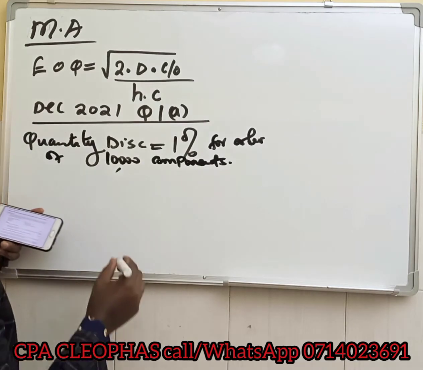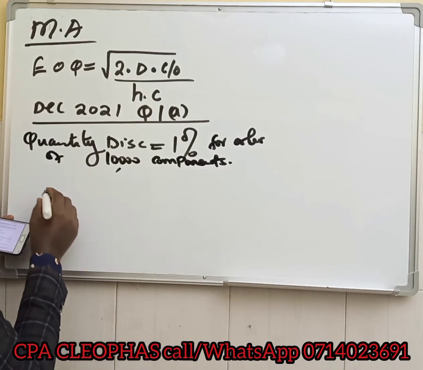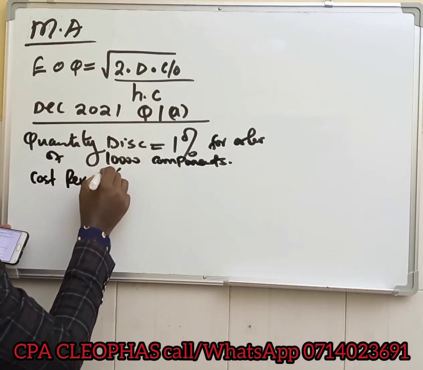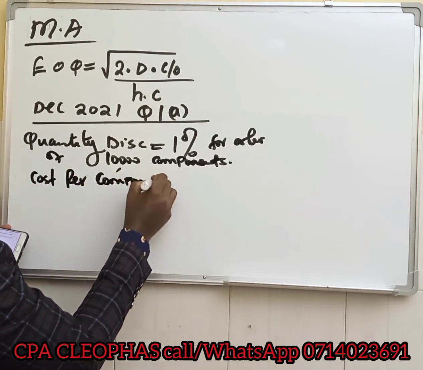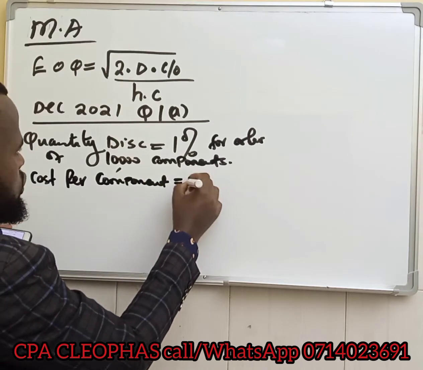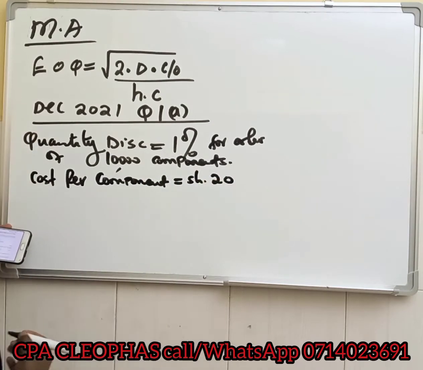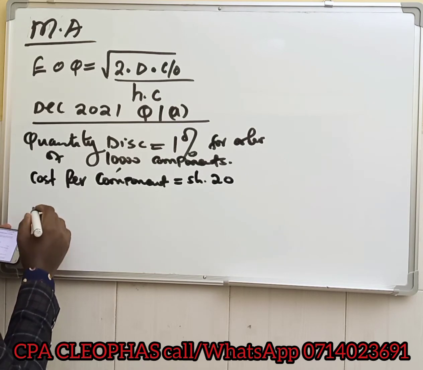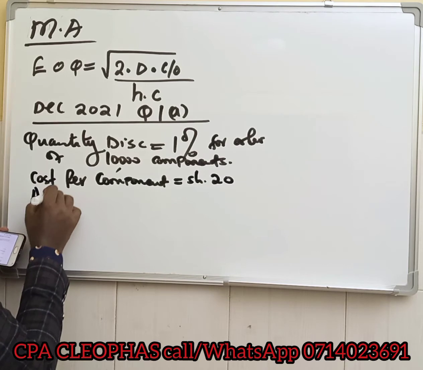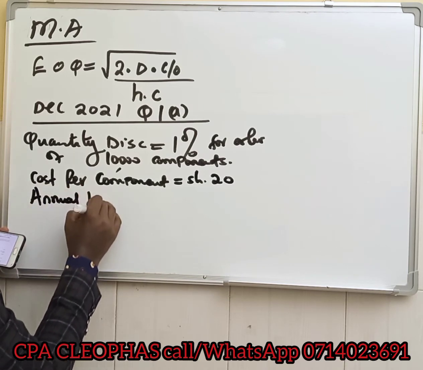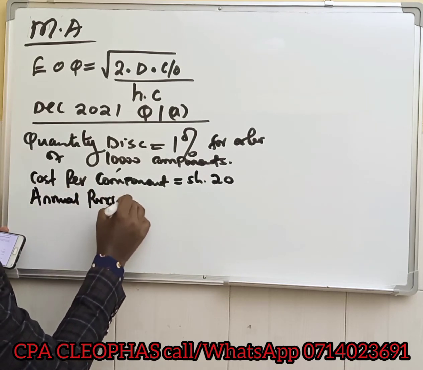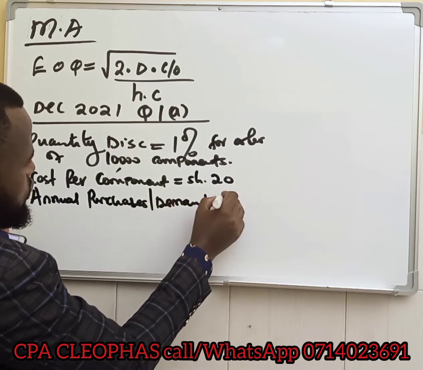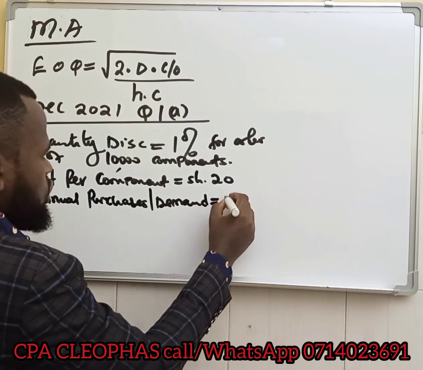Then we have the cost per component before discount, which is 20 shillings. Annual purchases, which is the annual demand, is 150,000 components.